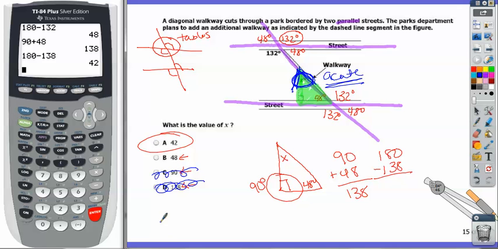It's done. By the way, this was 42. So that really only leaves these two answers. And once I realized that this was 48 and these two sides aren't the same, I knew that it had to be 42. But there's the good math and figuring it all out. And then there's the, okay, what can I do? I know it's an acute angle, let's slash the trash. And now I'm down to two choices.